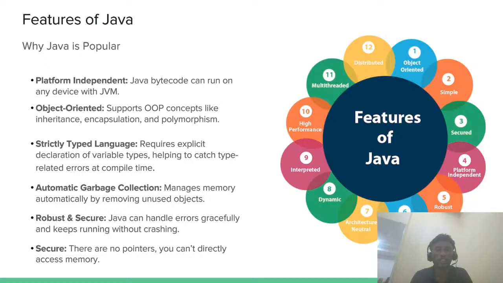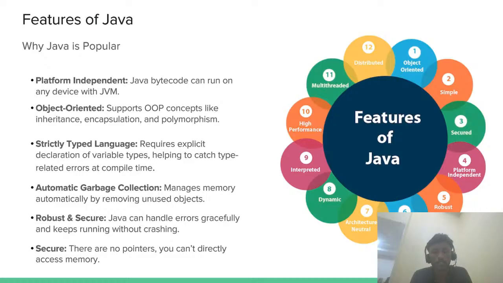It is also object oriented, supporting OOPS concepts like inheritance, encapsulation, and polymorphism. These are the real-world structured language features of Java, and OOPS concepts are important in core Java.